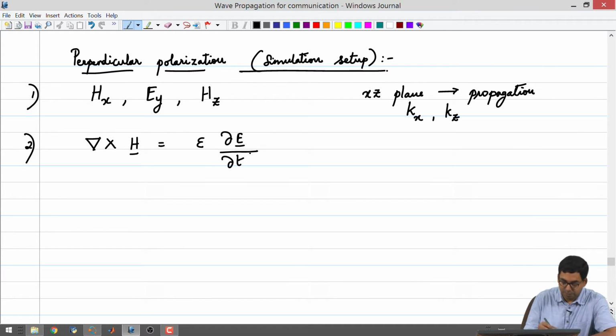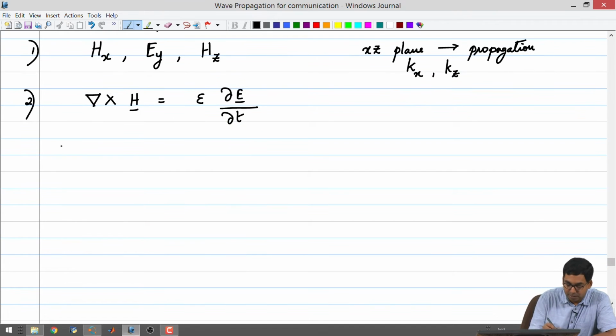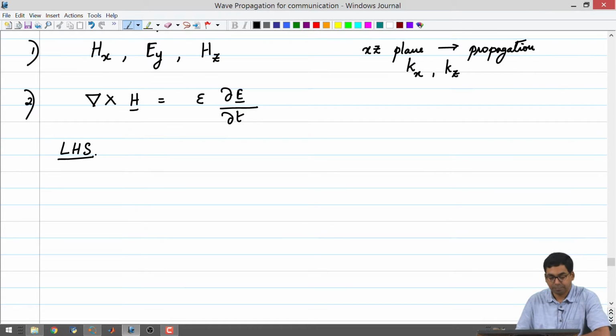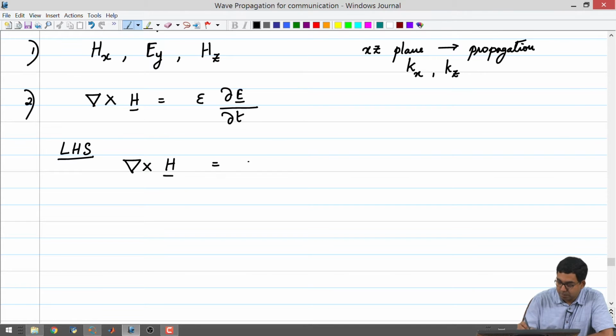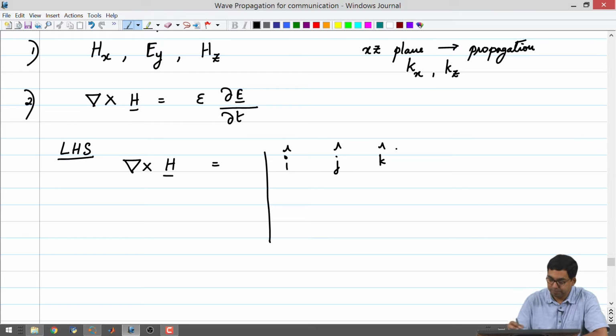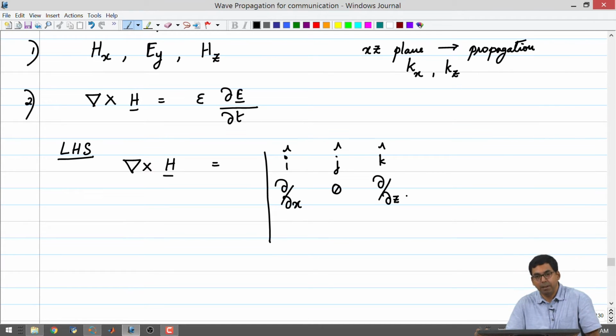We begin by expanding the left hand side. I have i, j and k. Since the propagation is only in the xz plane, dou by dou x, and dou by dou z remain. There is no ky, so you do not have dou by dou y.